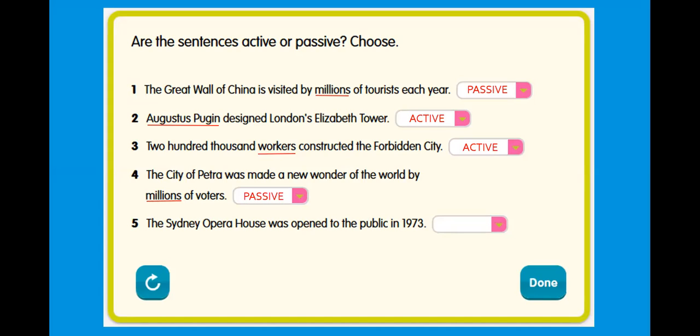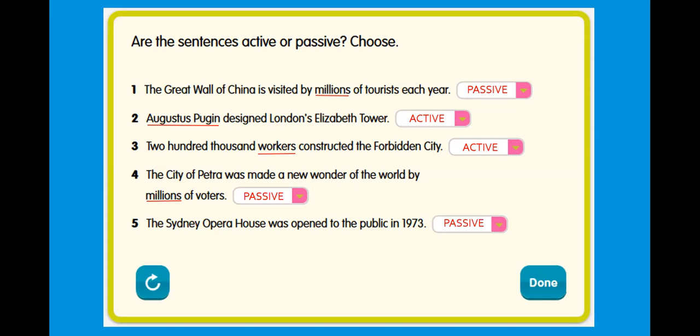In number five, the Sydney Opera House was opened to the public in 1973. Is this active or passive voice? It is passive voice. Why? Because the Sydney Opera House didn't open anything. No, a different person opened the Sydney Opera House.